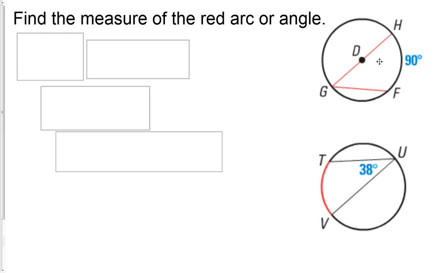Next, a couple more problems. Find the measure of the red arc or angle. In this case, we're finding angle G. Angle equals half arc. Arc is 90, so what is half of 90?